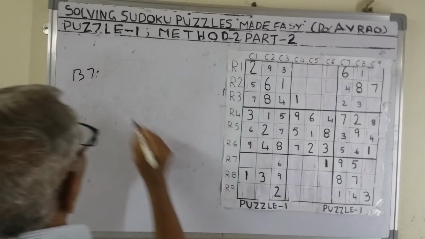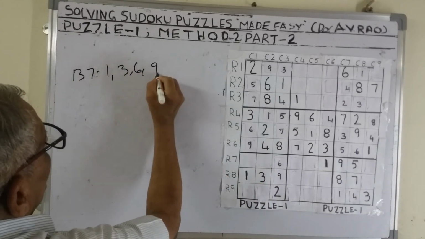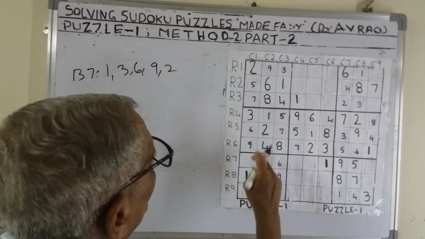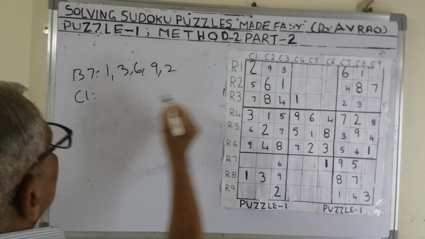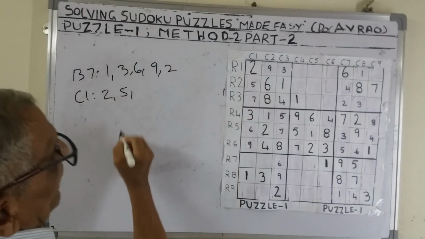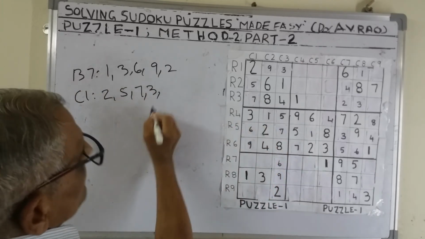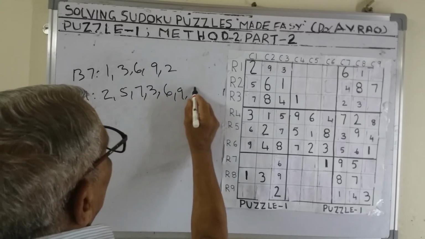What are the numbers? 1, 3, 6, 9 and 2 in the box B7, and column C1: 2, 5, 7, 3, 6, 9 and 1.